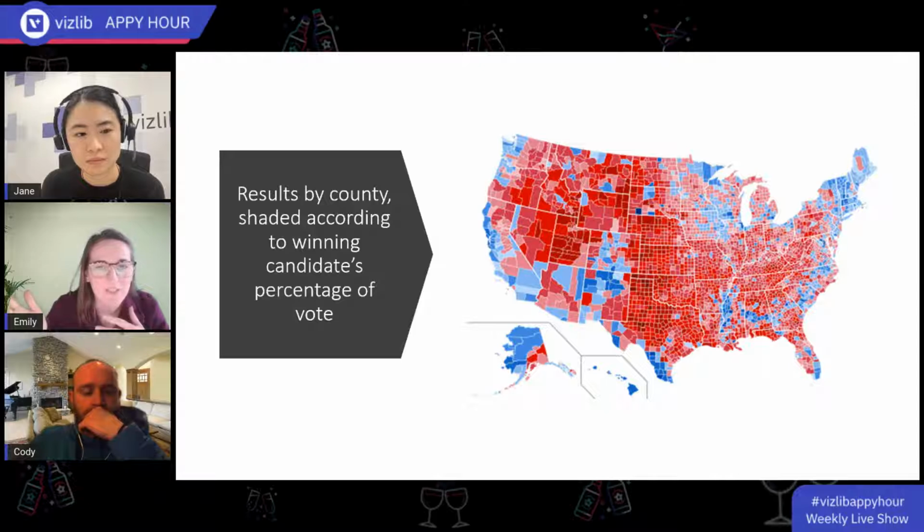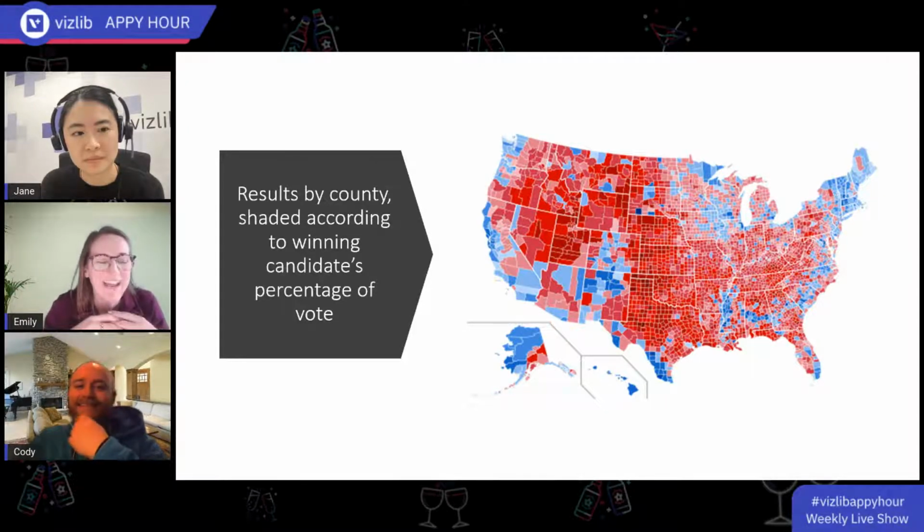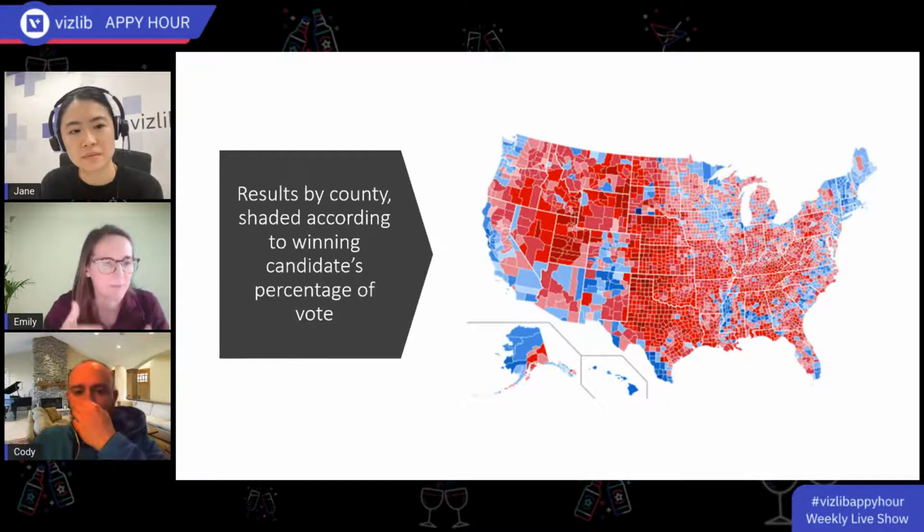So this first chart, I have quite a few examples of this, from roughly worst to best. So you'll have to bear with me here. This first chart is results by county, and they are shaded according to the winning candidate's percentage of the vote. So it's more on the population, the number of votes, and who has the winning percentage.